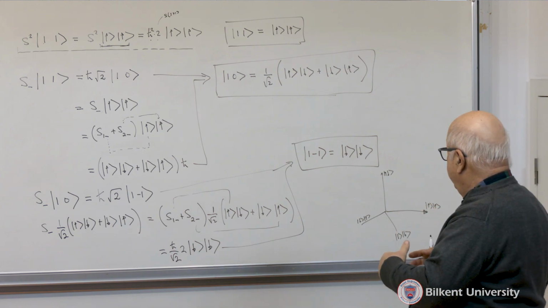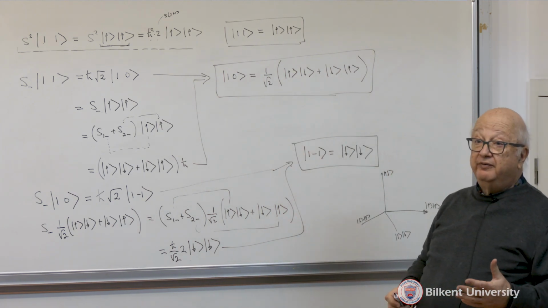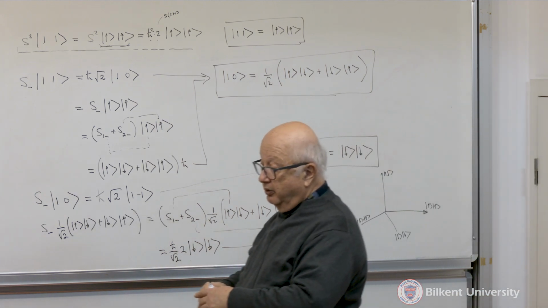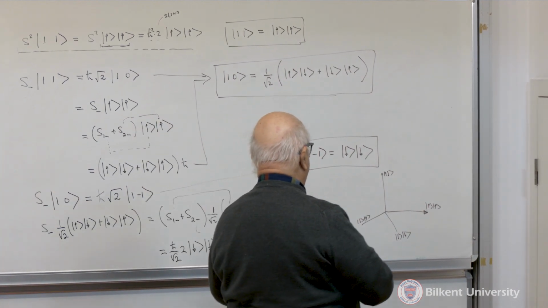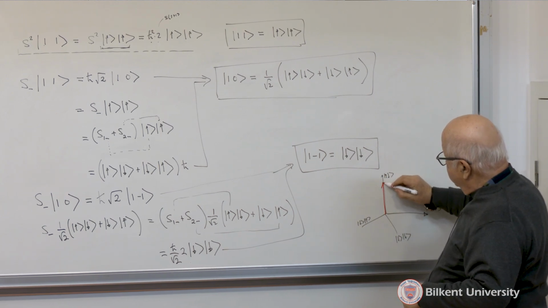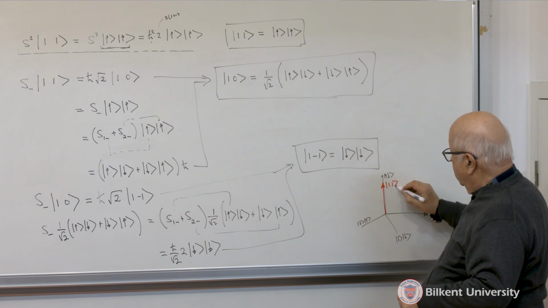Now, what we are doing here is generating an alternative set of eigenvectors. So if I draw those on the board here, this up, up is also equal to 1, 1.